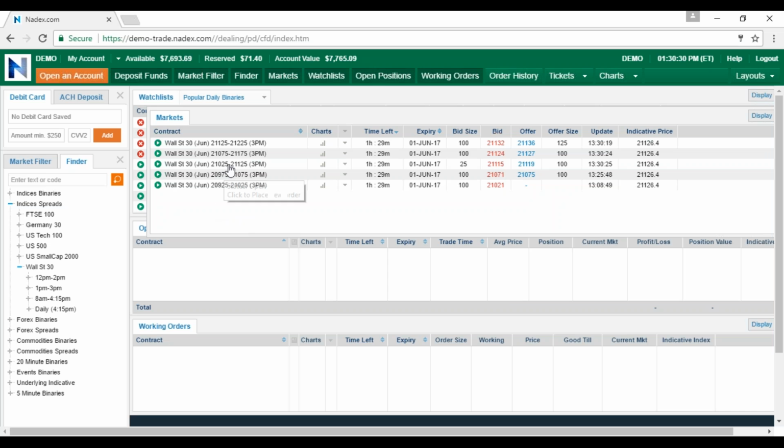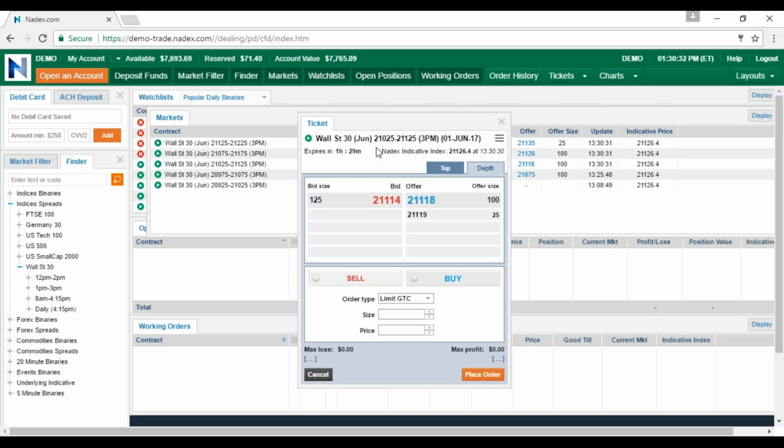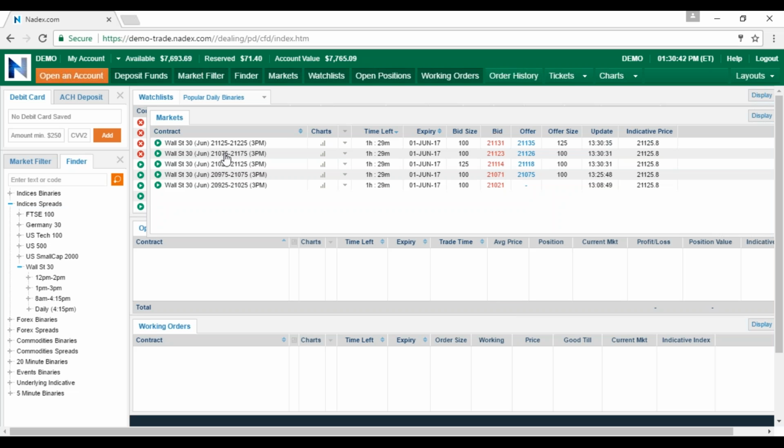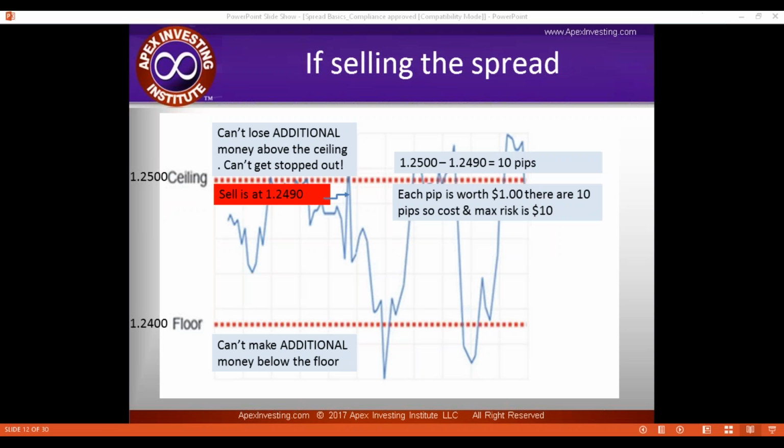But yes, whatever one of those floor and ceiling spreads you select, the floor and ceiling are at the same place whether you're buying or selling that spread. Just a matter of which spread you are choosing. All right, we'll talk a little bit more about that. So does that help you understand a little bit more where the risk and reward numbers come from on the Nadex ticket? Okay, so let's just move along here.